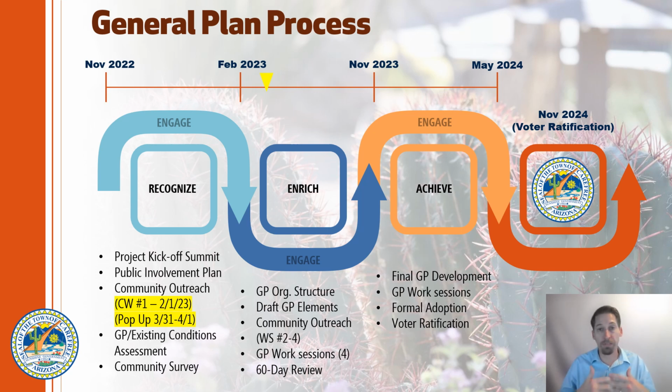And so it's very important for us to hear your input and for you to stay engaged with this process, because at the end, we're going to ask you to hopefully validate the plan at the ballot box. And we want to make sure that the plan incorporates the components of the community that are most important to residents.